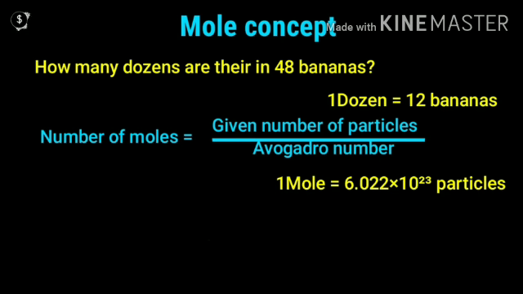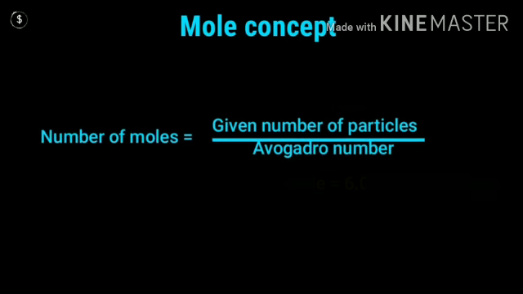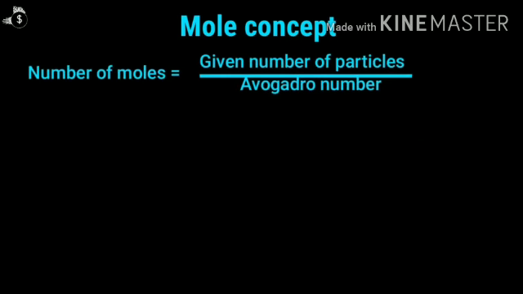So till now you have learned 2 formulae. Number of moles equals given mass upon molar mass, and number of moles equals given number of particles upon Avogadro number. And always remember, Avogadro number is 6.022 into 10 raised to the power 23.